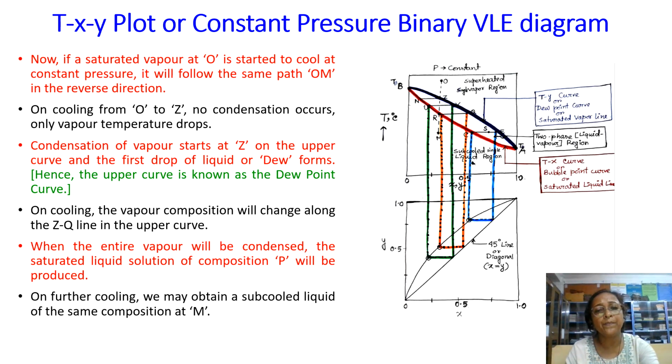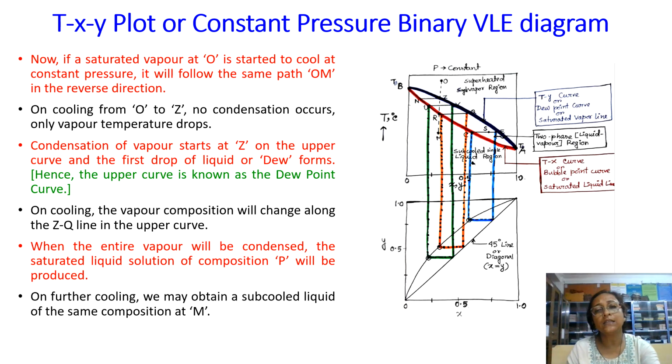When the entire vapor has condensed, the saturated liquid solution of composition P will be produced. On further cooling, we may obtain a subcooled liquid of the same composition.